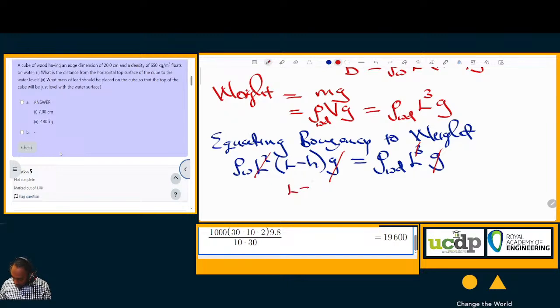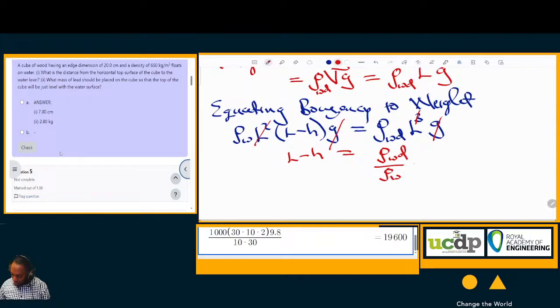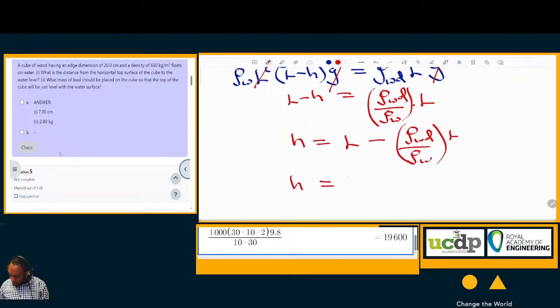You remain with L minus h being equal to the density of wood over the density of water times L. So if you make h the subject, take that to the other side, it will be h equals L minus density of the wood over density of water times L. Then for simplicity, h would be L times 1 minus the density of the wood over the density of the water. You factored out L.